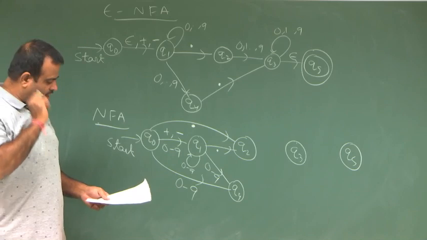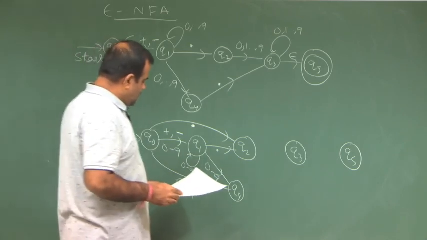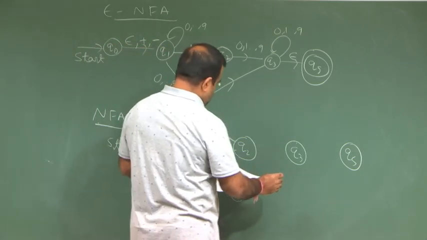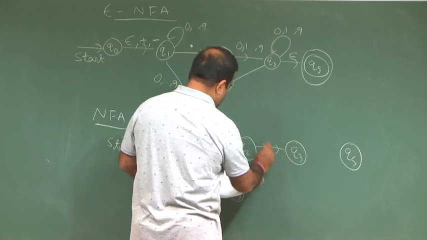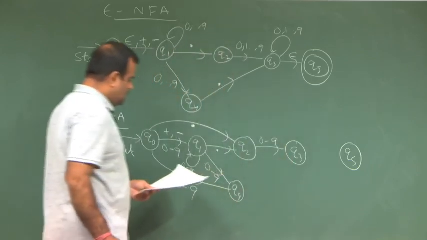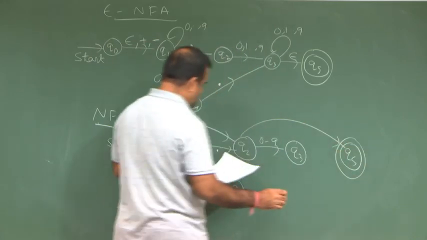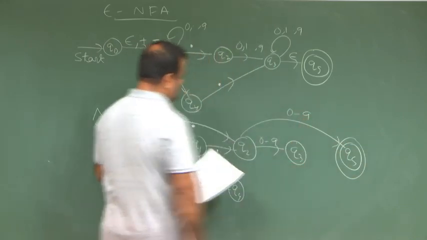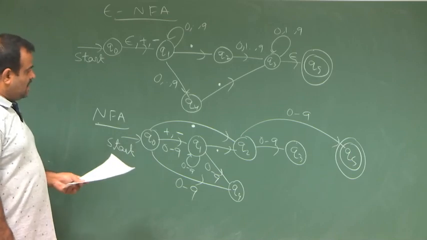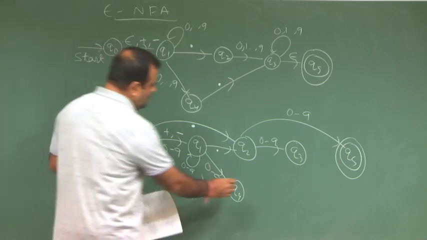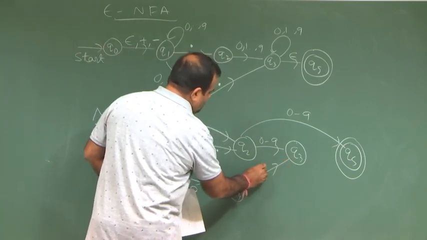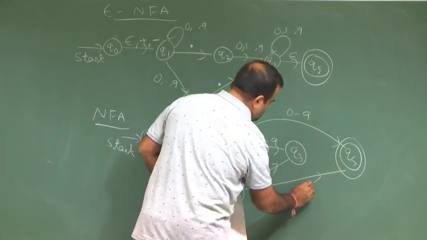So, this is the way, and then from q2 we go to q3 with 0 to 9, or directly we can go to the final state q5 with a digit 0 to 9, and from q4 with dot we can go here, or we can go there.